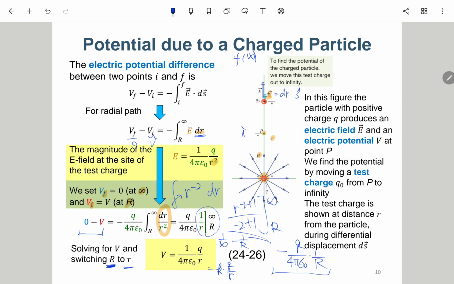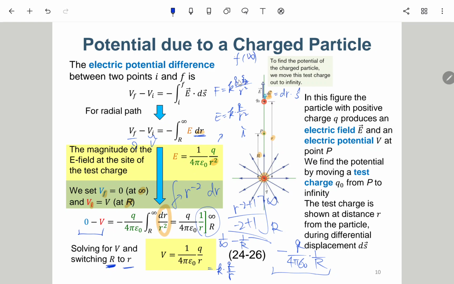This is another expression similar to Coulomb's force and the E field. For the E field, it is k times q over r squared. For Coulomb's force, F equals k times q1 q2 over r squared.